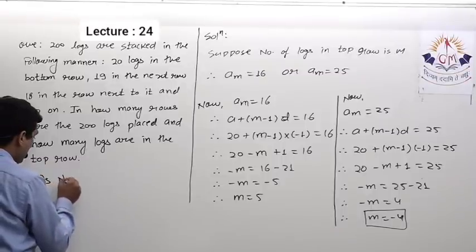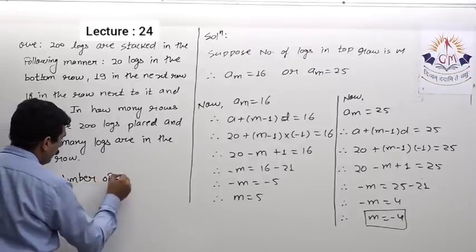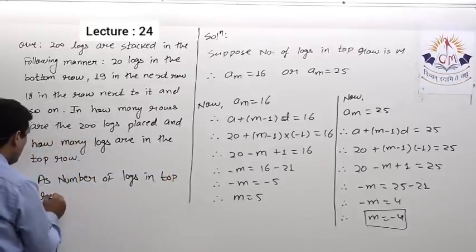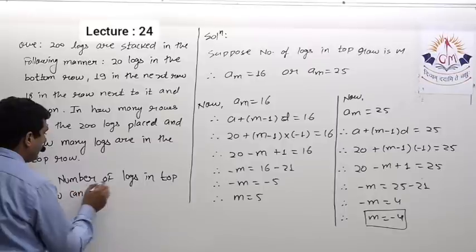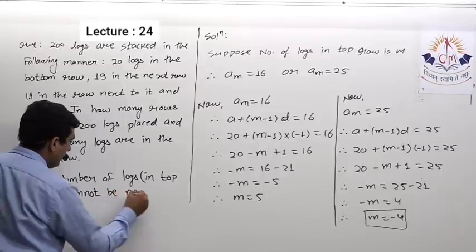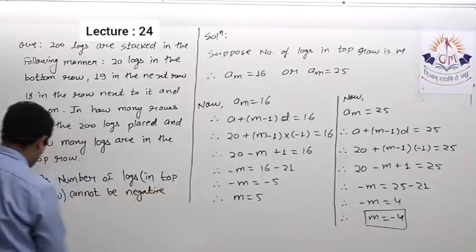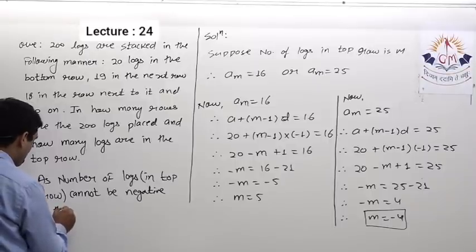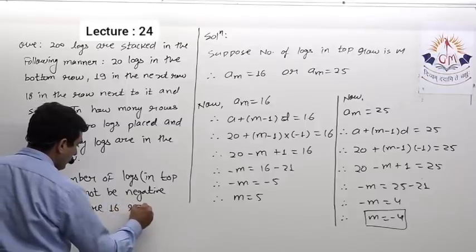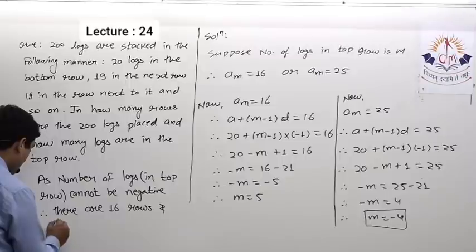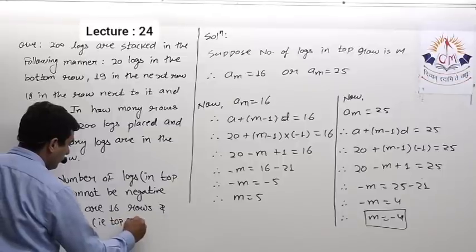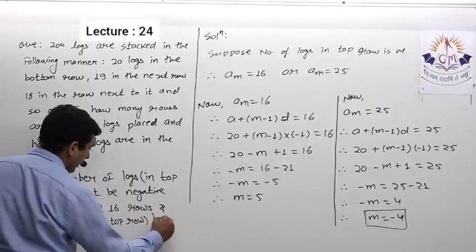As the number of logs in the top row, or in any row, cannot be negative, therefore there are 16 rows and the 16th row, that is the top row, has how many logs?